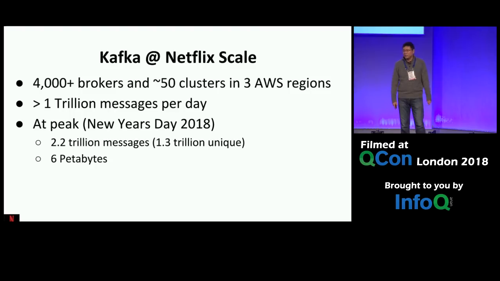We process more than 1 trillion messages per day in our Kafka system. And on New Year's Day of 2018, we reached a new milestone of processing more than 2 trillion messages. On that day, we processed 2.2 trillion messages, including 1.3 trillion unique messages, which is equivalent to 8 petabytes of data.